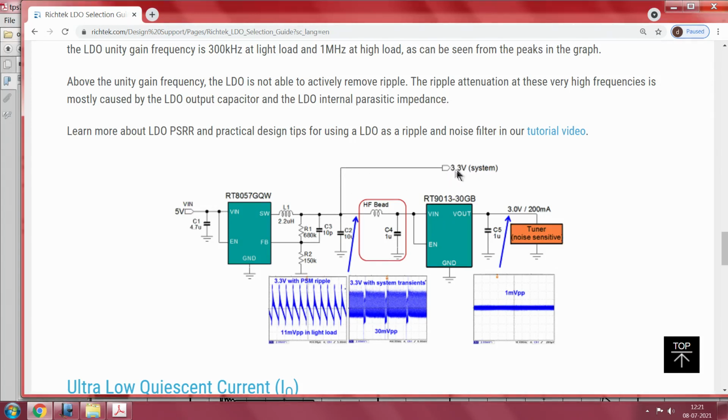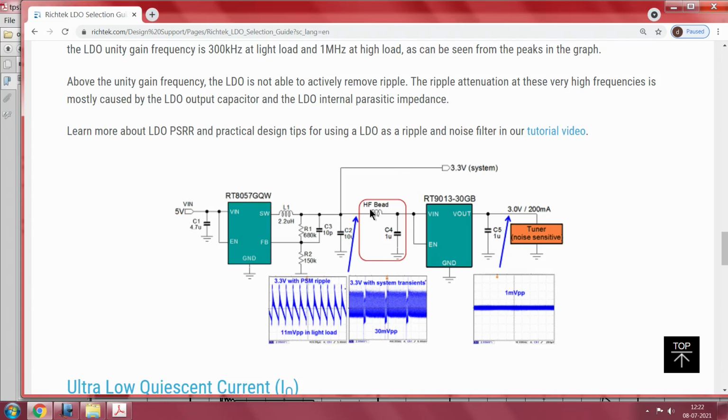This tapped out 3.3 volt system does to some extent have a ripple, there is no doubt about it, but then by magic he feeds this rippled input to this LDO, but before he does that he passes it through this block. This block does all the magic, and what does it have? It has an inductor which you can buy in the market as high frequency beads. They are available.